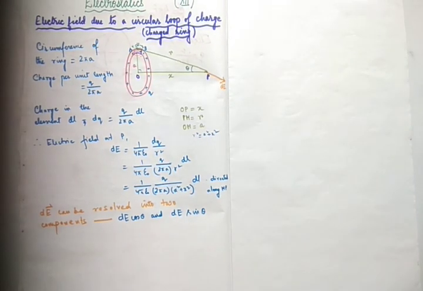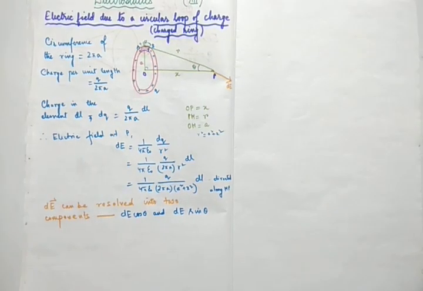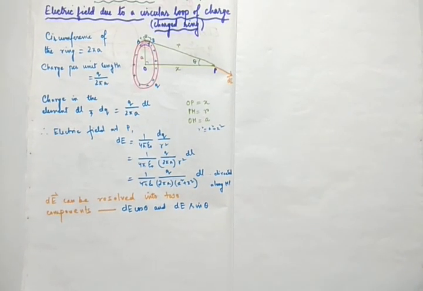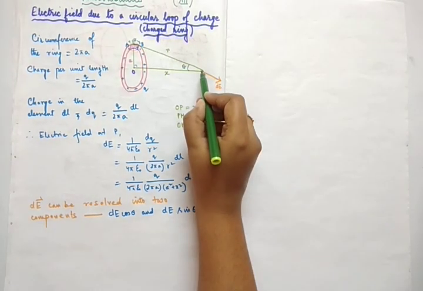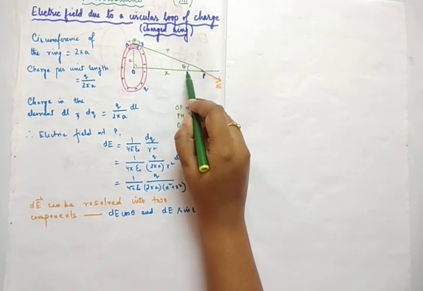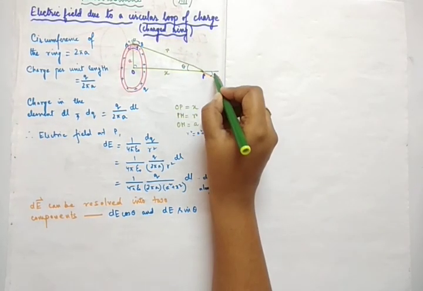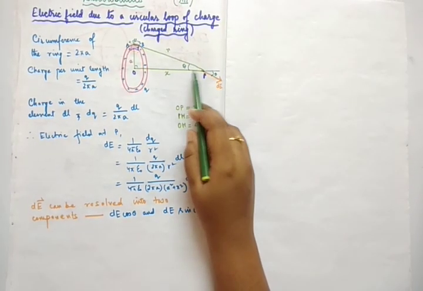How do these two components come into the picture? If this is the angle theta and we extend the baseline, this angle will also be theta because these are vertically opposite angles.